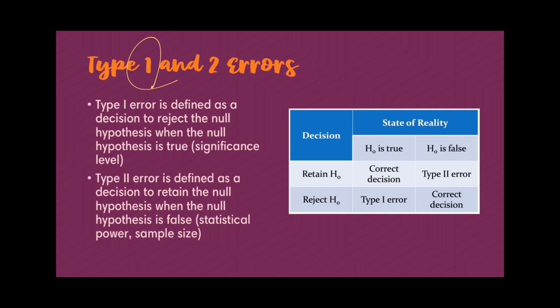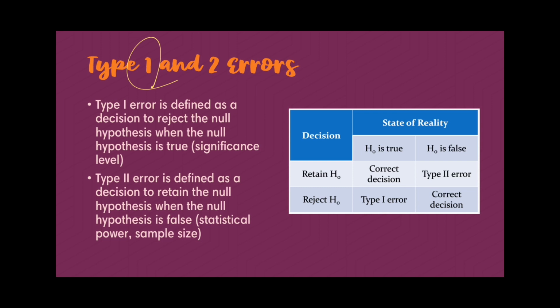Usually we protect ourselves from saying that we reject the null hypothesis when in fact the null hypothesis is true by setting up the significance level. The lesser the critical area, the better, of course, because the lesser the chances for us to say that this is only happening by chance. So that's type 1 error.